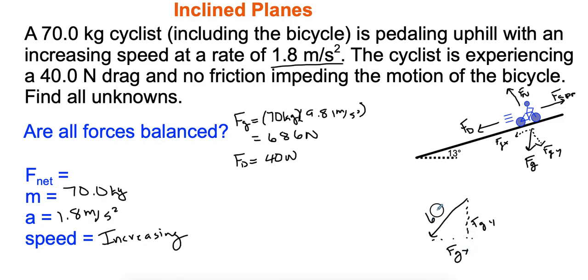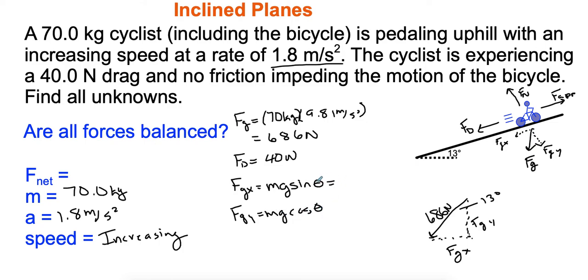That's 686 newtons, and our angle here is 13 degrees. That might help you if you draw it off to the side to figure out FGX and FGY. I'm going to write them somewhat like a formula over here. If we want that x component, that's going to be mg sine theta. And if we want the y component, that's going to be mg cosine theta.